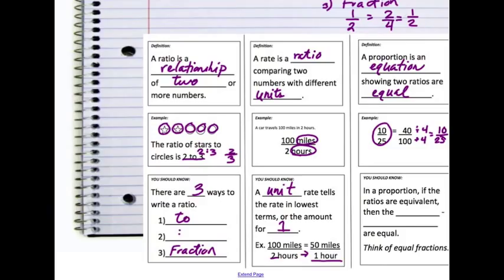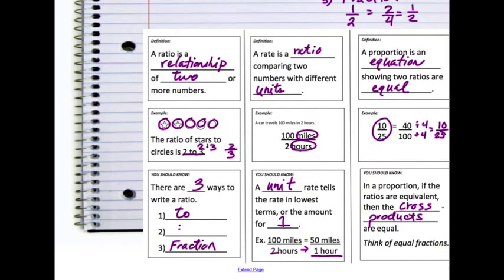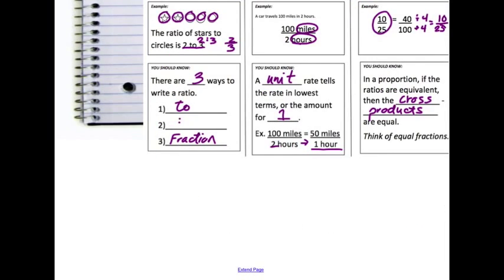In a proportion, if the ratios are equivalent, then the cross products are equal. And it says think of equal fractions. I just want to show you quickly, in terms of the example above, 10 over 25 is equal to 40 over 100.